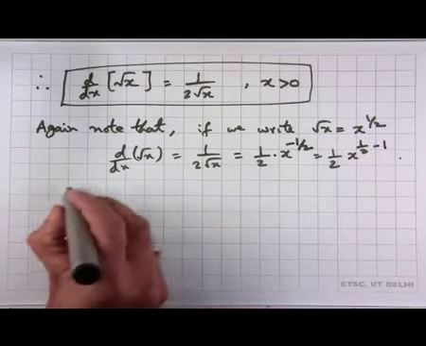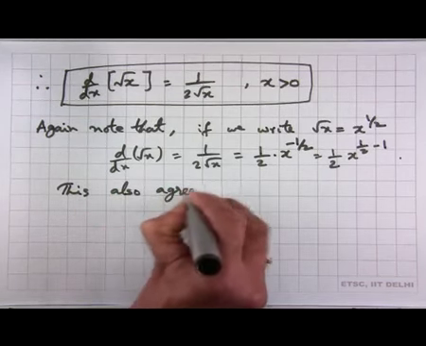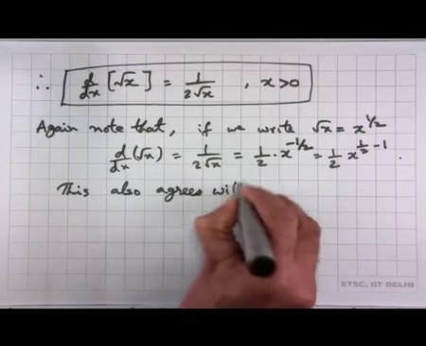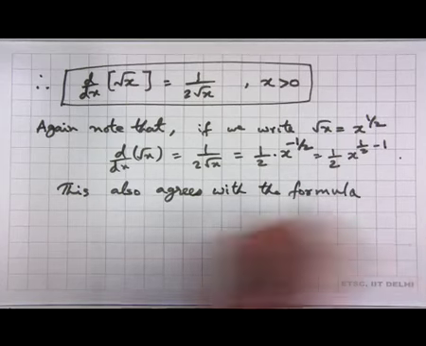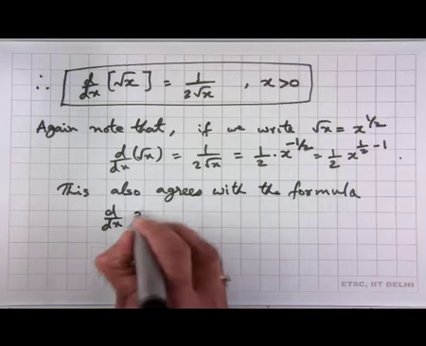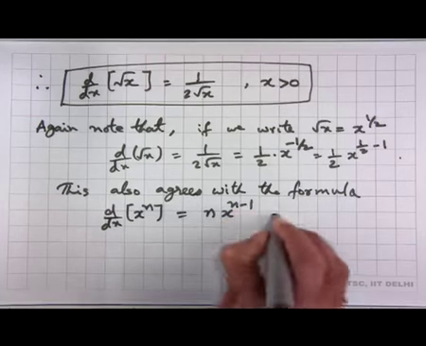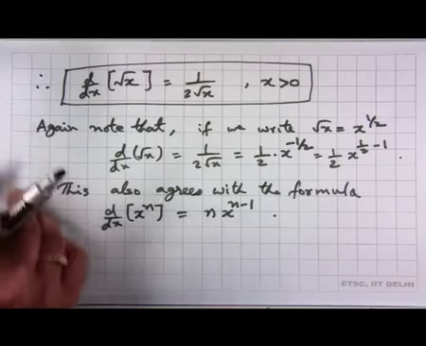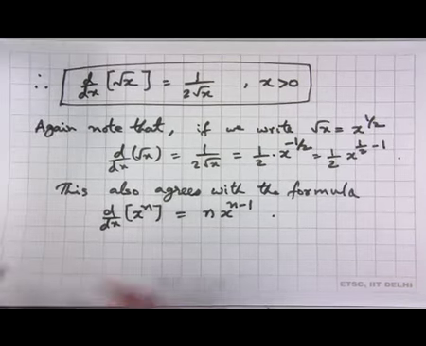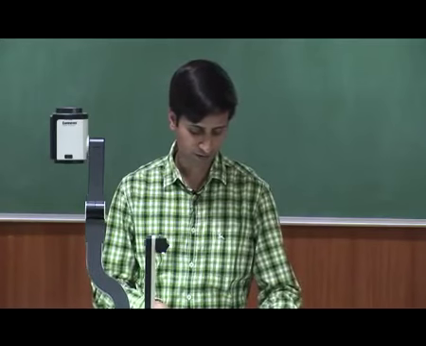So, this also agrees with the formula d by dx of x to the n is equal to n times x to the n minus 1. Though we derived this formula only for positive integers, we have seen that it agrees for n equal to minus 1, it agrees for n equal to 2, n equal to half, and later we will see that this is in fact true for any n.